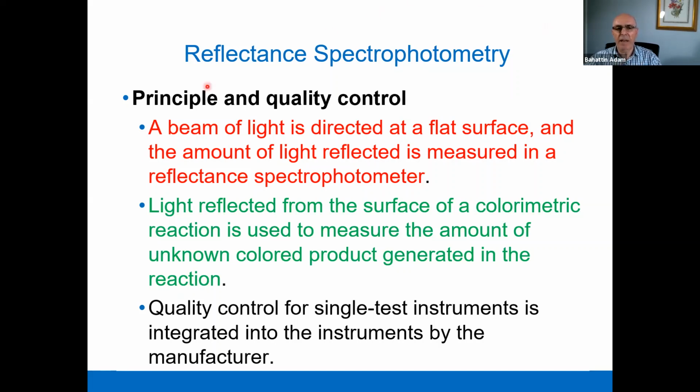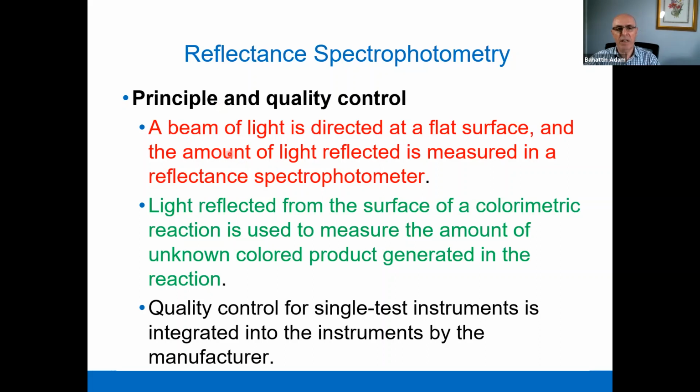Okay, this is about reflectance spectrophotometry. It is different from spectrophotometry and photometry. As the name implies, reflectance. I will show you how it works and how it differs from a regular spectrophotometer or photometer.